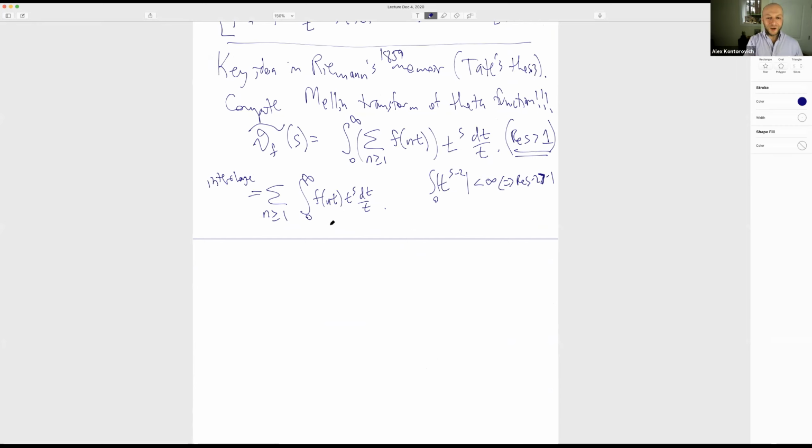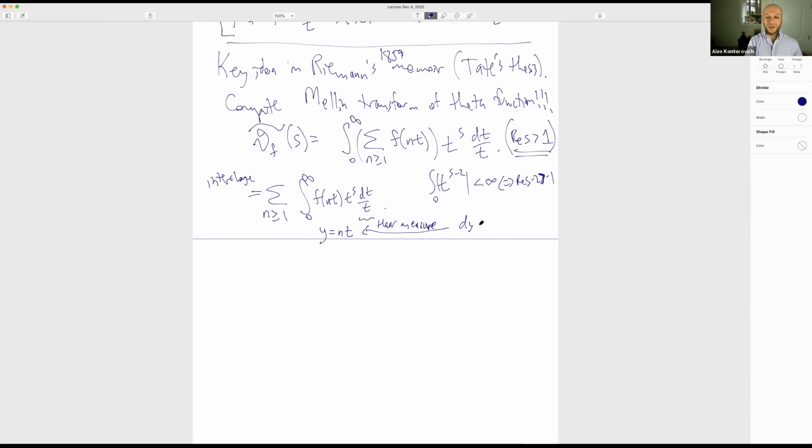Now I want to make a change of variables, and you're going to start to see why this really is the Haar measure. I'm going to remind you that this is Haar measure, invariant measure, as you'll see in a number of computations. So, I'm going to make a change of variables, y equals nt. N is fixed. This is a change of variables in t.